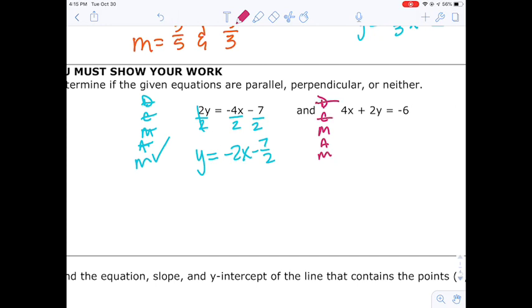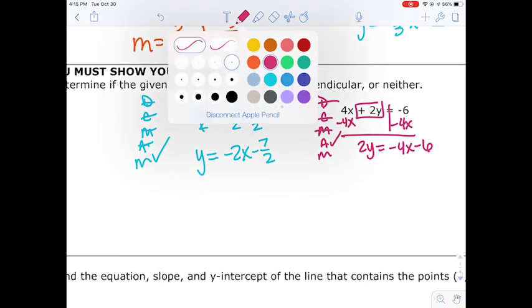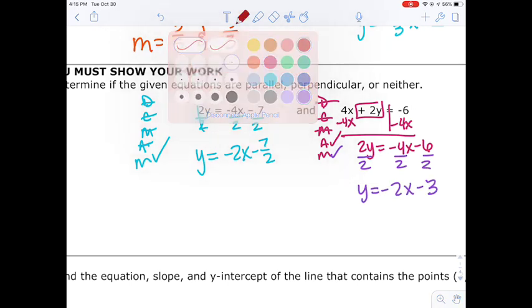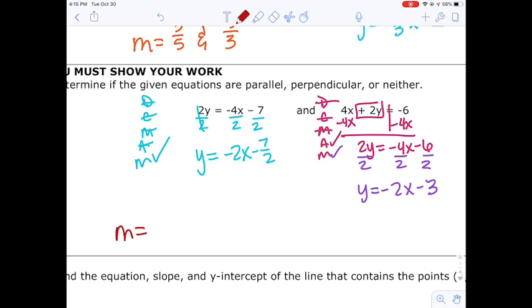No parentheses, no combining, no moving y's to the same side. 4x is on the other side, so I move that. And then divide everything by 2. So when I look at my slopes, I have -2 and -2. These are the exact same, so these will be parallel slopes.